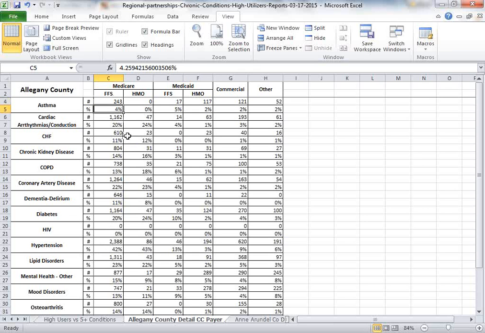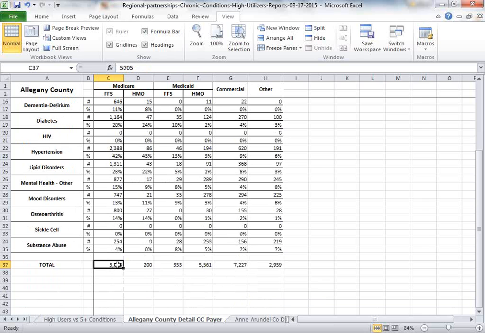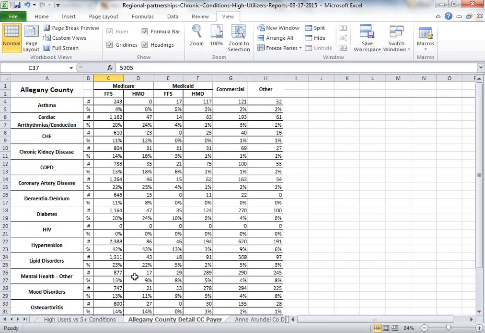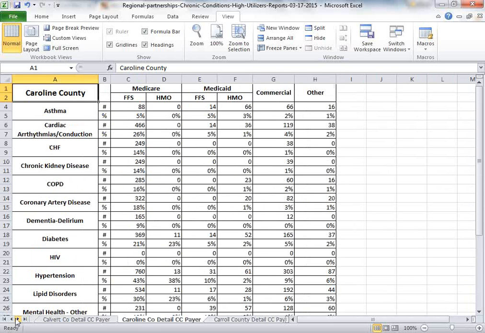And that represented 4% of the total number of fee-for-service Medicare beneficiaries listed. Again, we have restricted small sample sizes in these as well, and if you scroll over on the bottom, you'll be able to see whichever county or counties you're interested in viewing. We can come back if there are questions, but let me move on to the other resources.